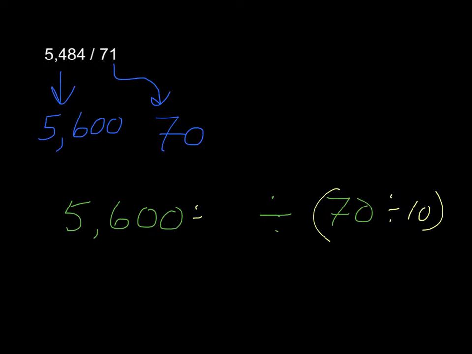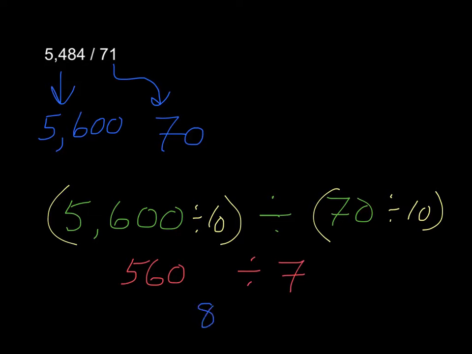And what I do to one side, I have to do to the next side. 5,600 divided by 10 is 560. Divided by 7. I already know that 56 divided by 7 is 8. So 560 divided by 7 must be 80.